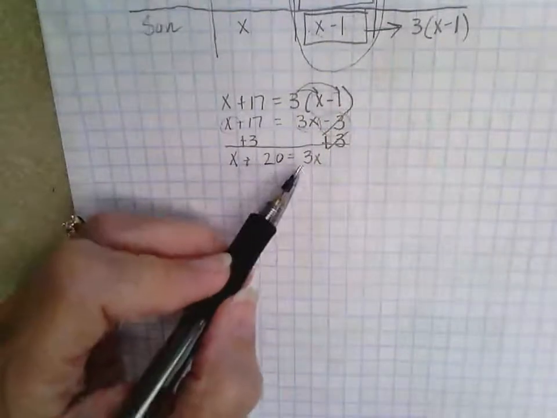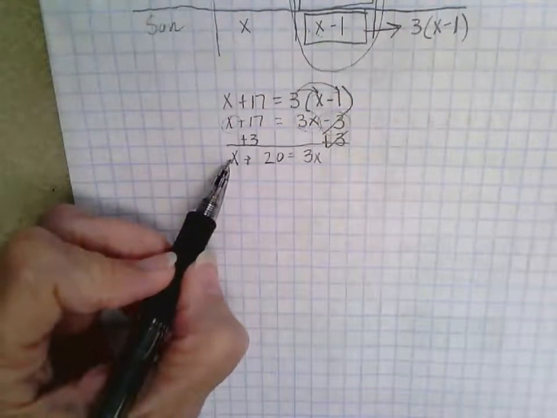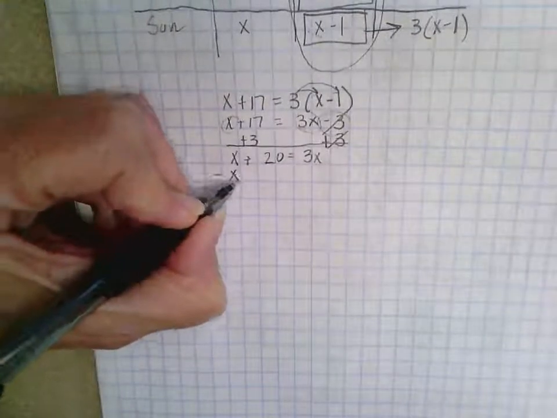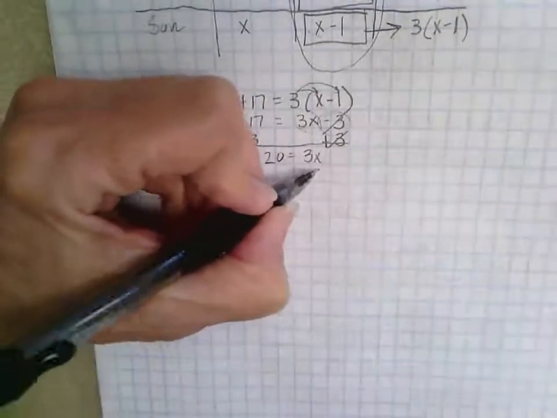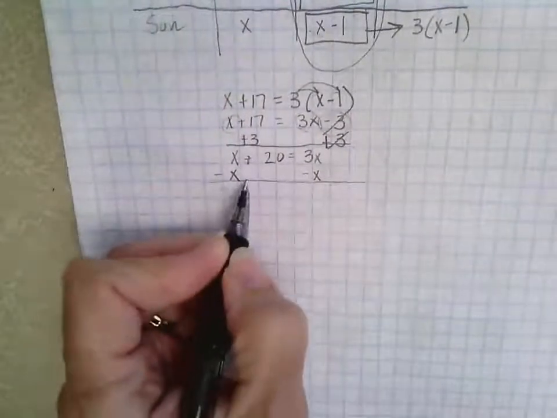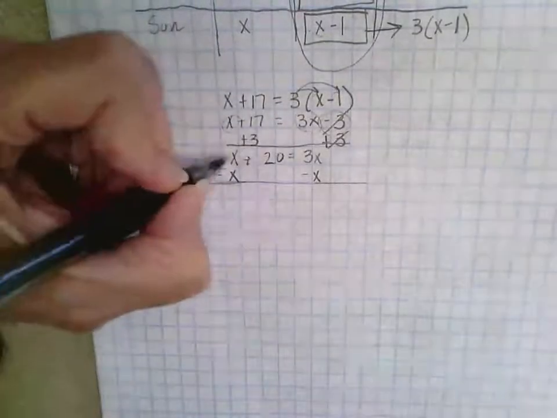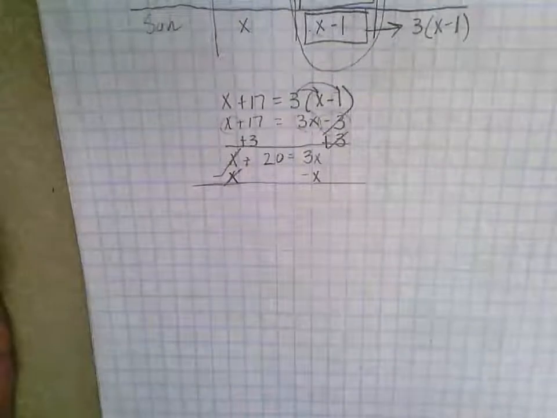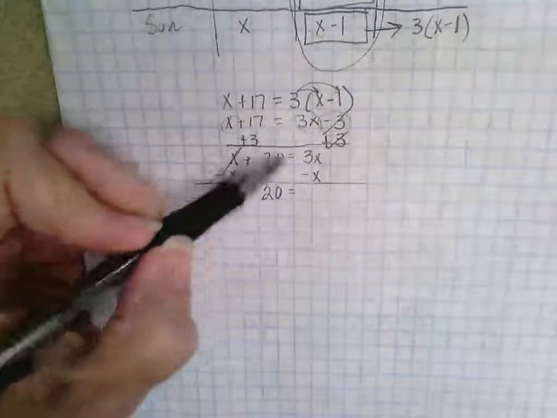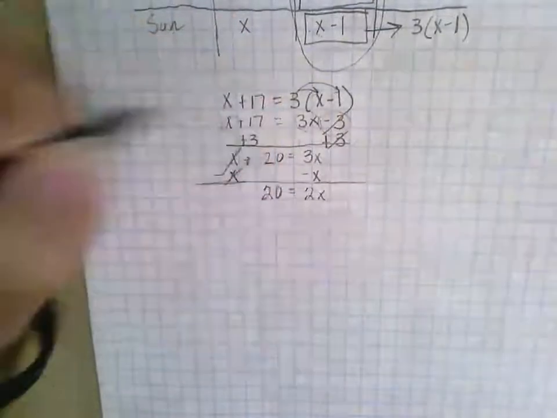So now I have only x's on this side, but I want only numbers on this side. So to do that, I'm going to subtract an x from both sides. If I do something on one side, I can do the exact same operation on the other side. So this is going to take me down to 0 x's. I'm going to be left with 20 on the left, and 3x minus x gives me 2x.